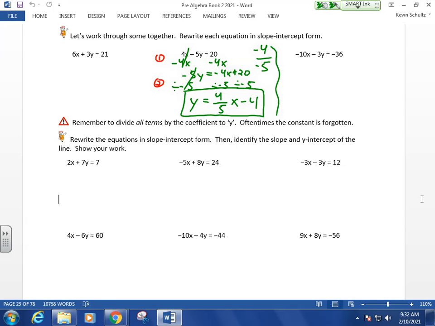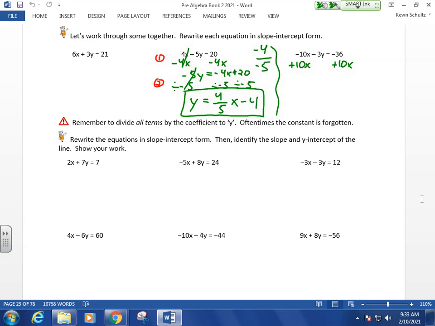In the first two examples, we subtracted here, minus 6x, minus 4x. That's because the x term in the first two was positive. But here, that x term is negative, negative 10x, which means we're going to be adding 10x to both sides. Okay? Always opposite operations. Always opposite operations.